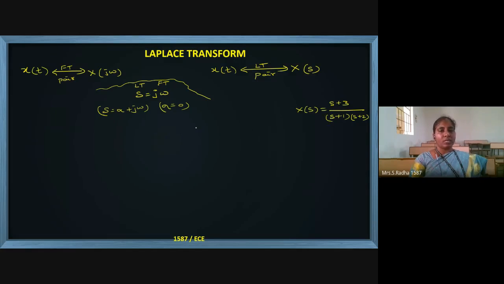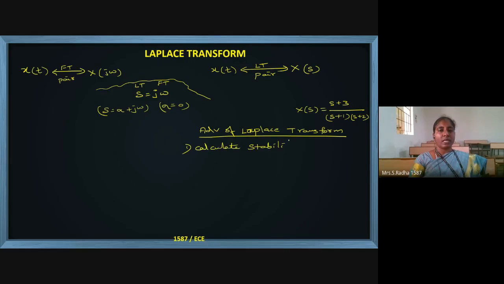So what are the advantages of Laplace transform? Using the pole zero diagram, we will do some problems in our next session. We can calculate the stability of a system.